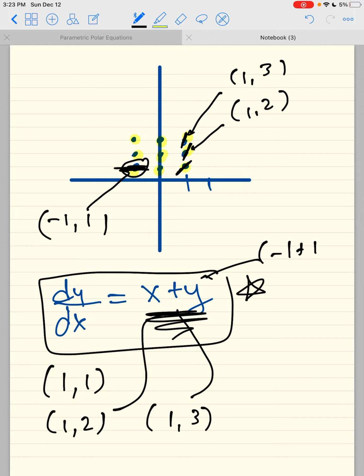So you just draw a horizontal line. When you go to negative 1, 2, you get negative 1 plus 2. That's 1. So there's a slope of 1. And you just sort of estimate it. And so the last one here would be negative 1, 3. So that's 2. So this one should match this one here.